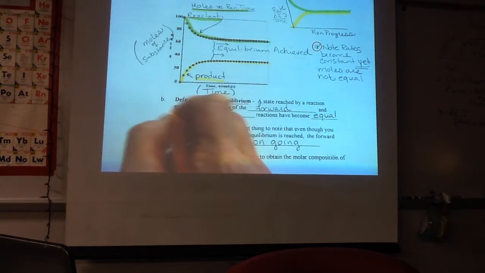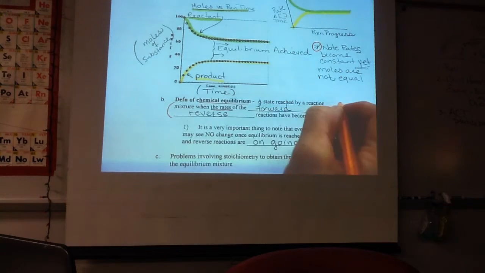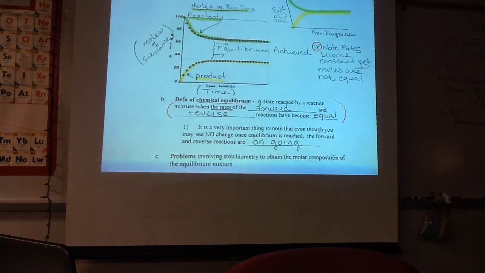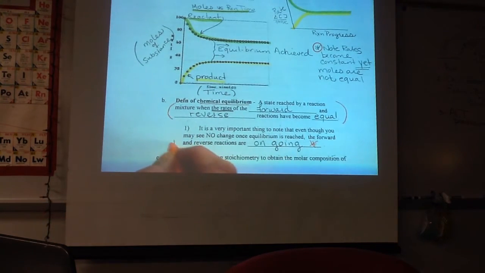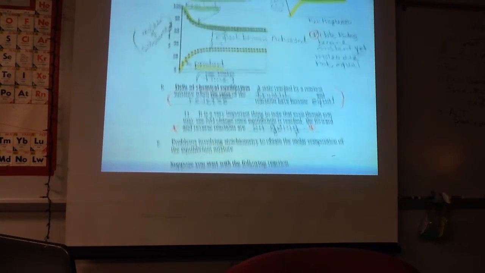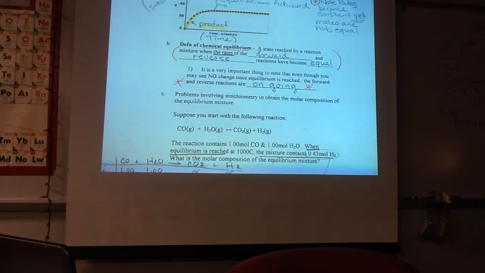It's a state reached by all reaction mixtures, or most all reaction mixtures, when the rate of the forward and the reverse reaction become equal. And we say it's dynamic because it's ongoing. Even though no change would be witnessed, it's an ongoing process.